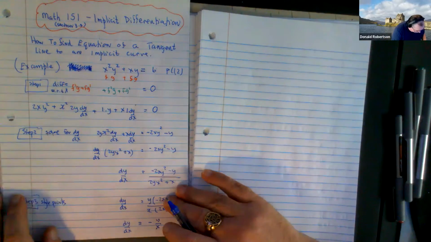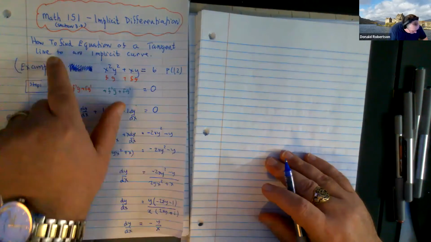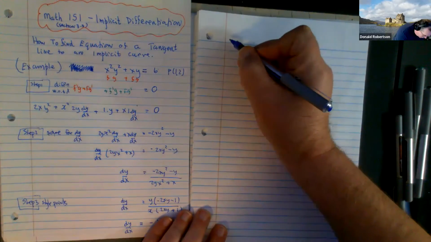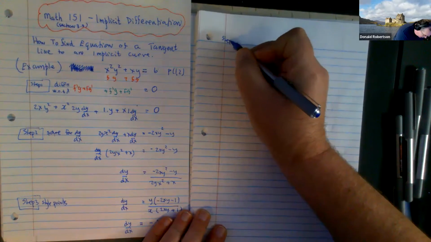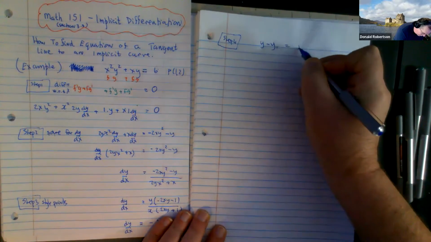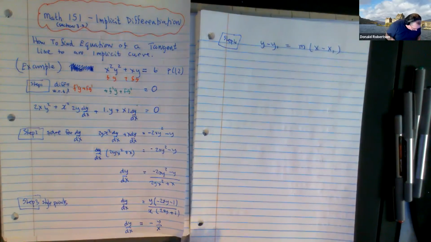Now, since this question is not find the derivative, if it was, we'd be finished, but find the equation of the tangent line at this point, we have another step to do. Step 4 is that we use the point slope equation to get the equation of that line.